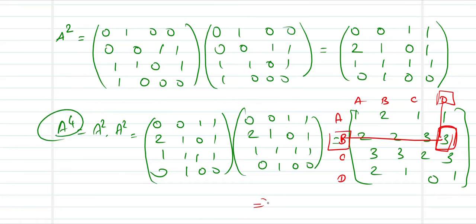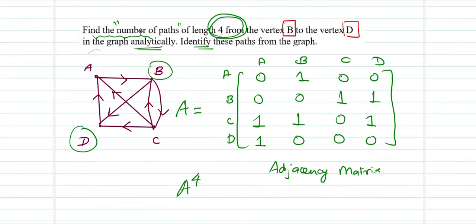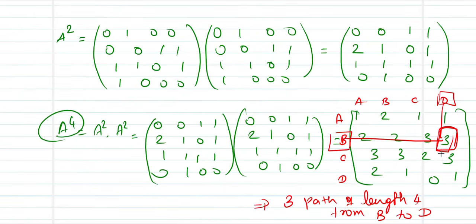So this says that there are going to be 3 paths of length 4 from your B to the vertex D. What was the first question? They are asking us the number of paths. So how many paths exist from B to D of length 4? The number of paths of length 4 from B to D is going to be 3.